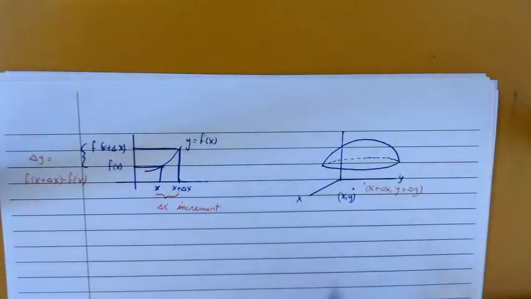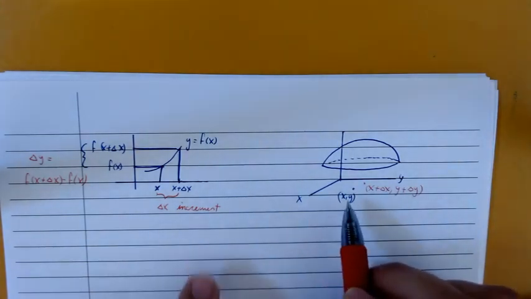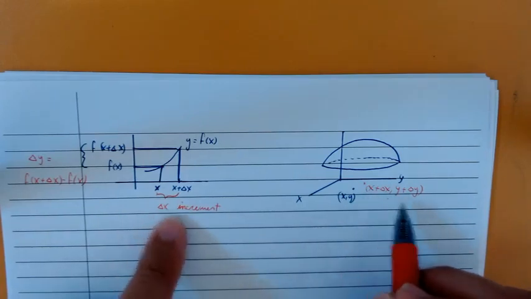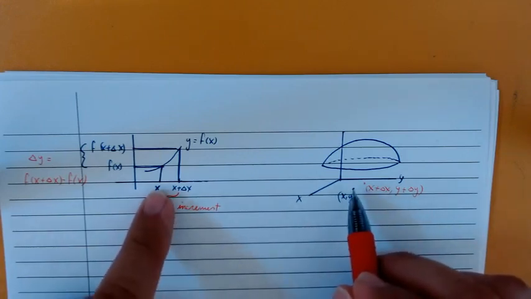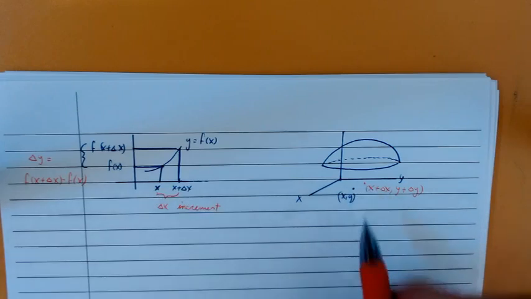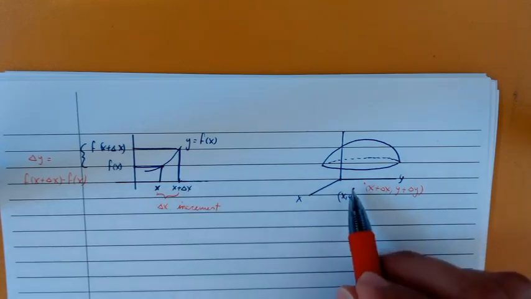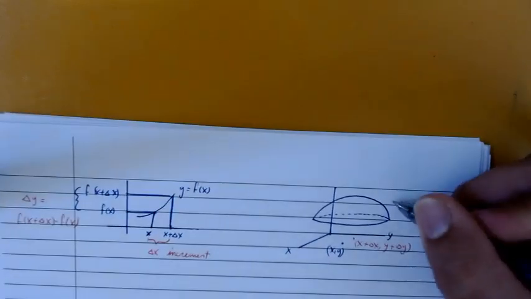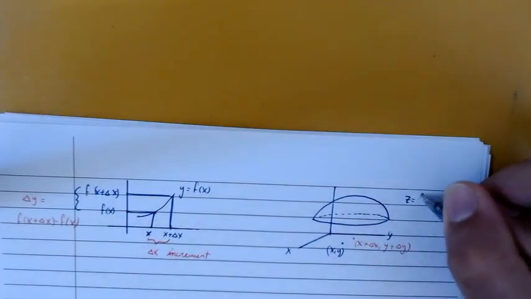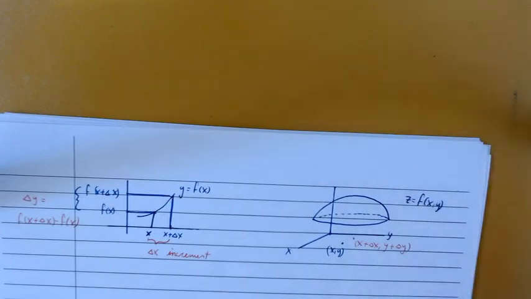So now I don't just have an increment along my x variable. Now I have two little increments here, delta x and delta y. Same idea: I've taken a point and moved somewhere very nearby. Now if I plug that into my function, this surface would be something like z equals f of x comma y.